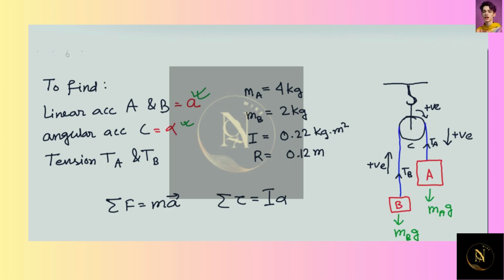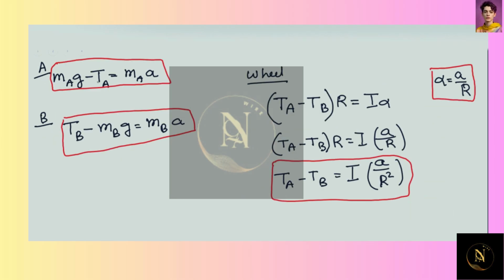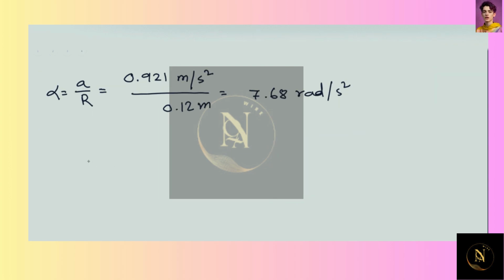So what about TA and TB? For TA, we can use this piece of equation, and for TB, we can use this to solve TB. So TA will be MA times g minus a.